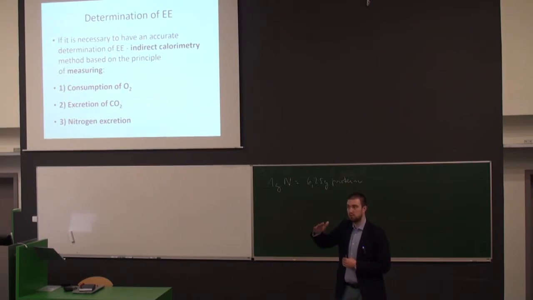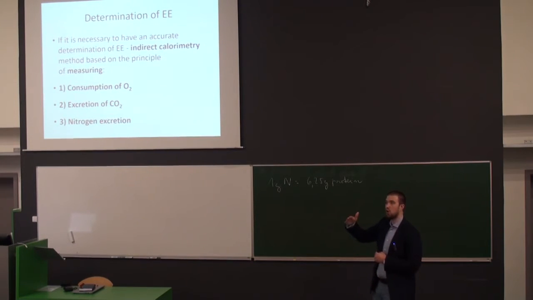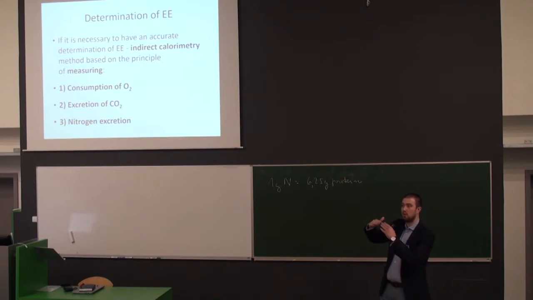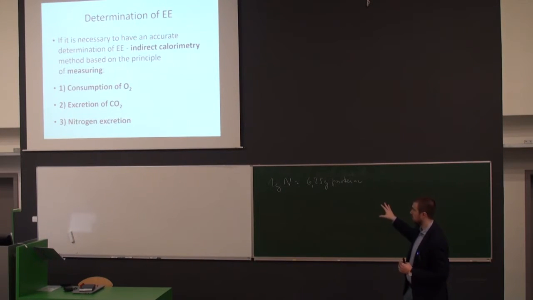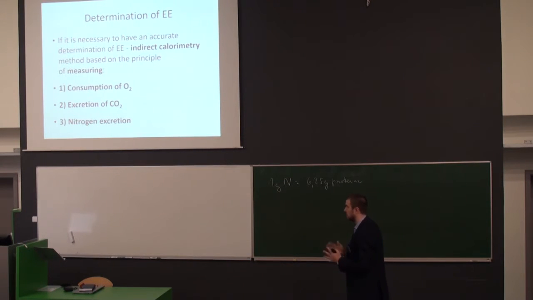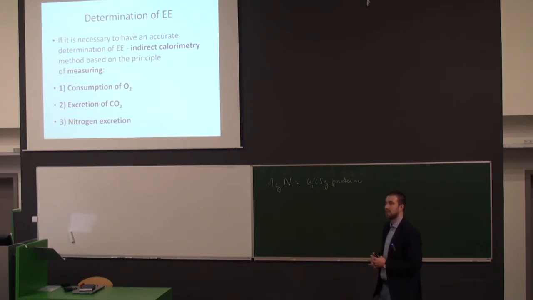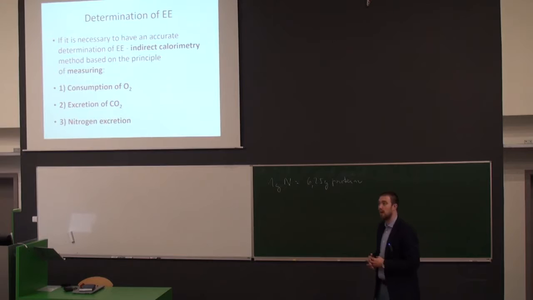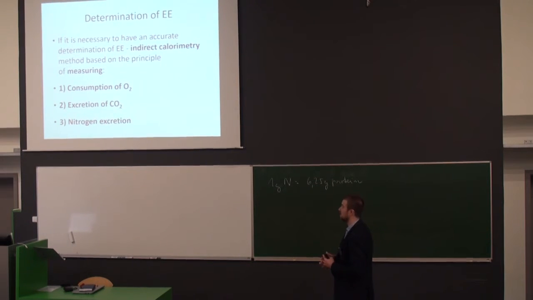When it is close to 0.71, you know that the major substrate is lipids. If you are somewhere in between, you can correlate from the nitrogen what the role of proteins is, and if you exclude the role of proteins, you know what will be predominant, whether the saccharides or the lipids.